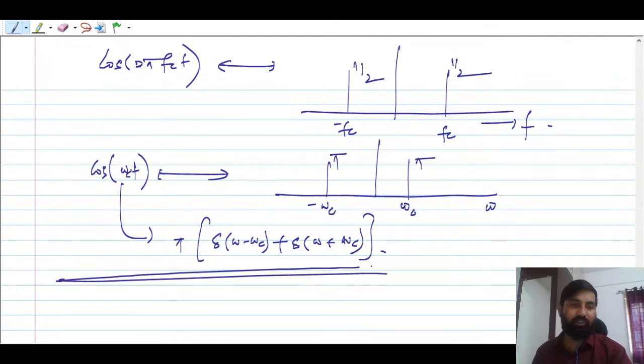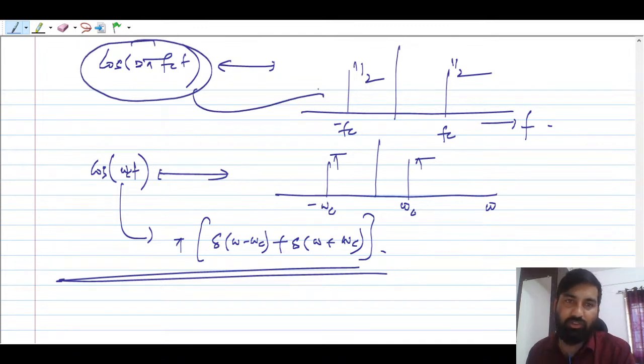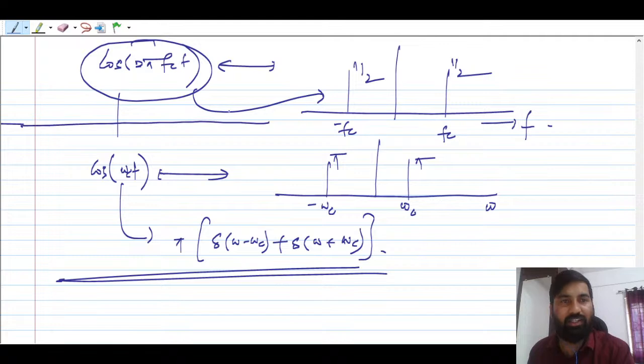So whenever one cosine is present, there will be two impulses. ये याद रखना. These are very important things. If cosine in the time domain looks like this, in the frequency domain, cosine is nothing but a carrier frequency, so it has a very high frequency.